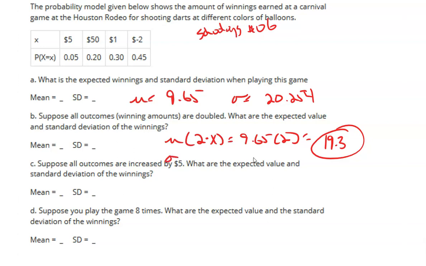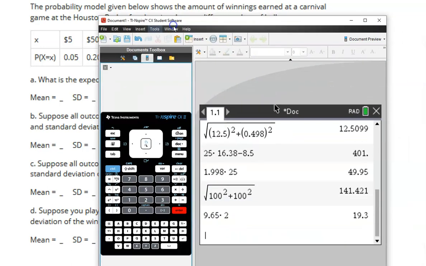So the standard deviation of 2 times x would just be 20.254 times 2.